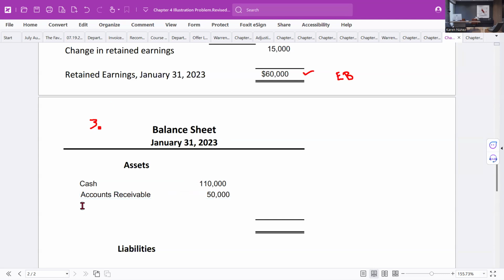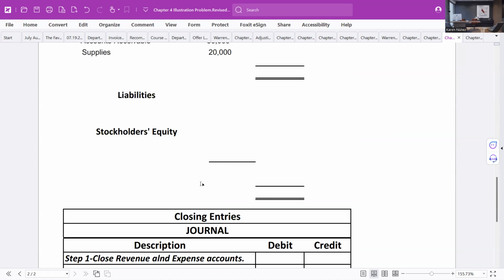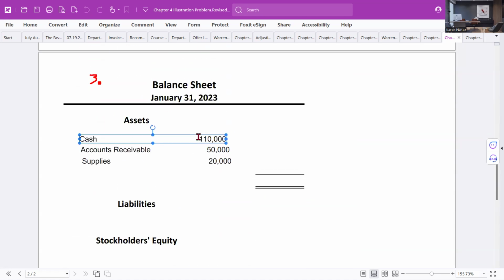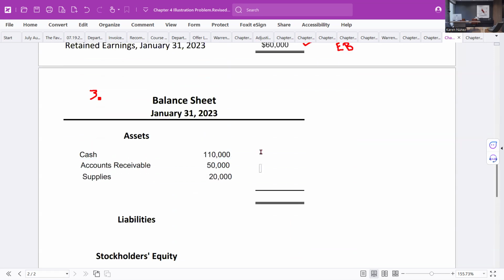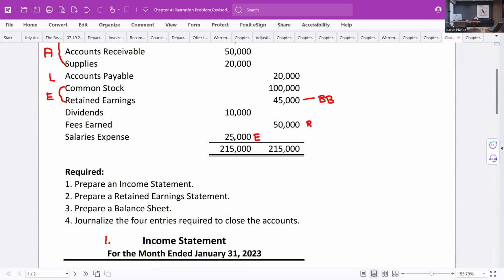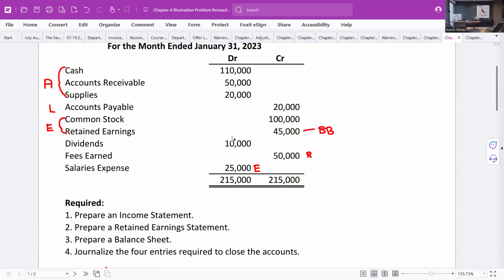We've got supplies, and supplies, I believe, were 20,000. Let's make sure I got everything. Okay, so let's make sure I got everything. Cash, accounts receivable, and supplies. Yeah, got them. 110, 50, and 20.